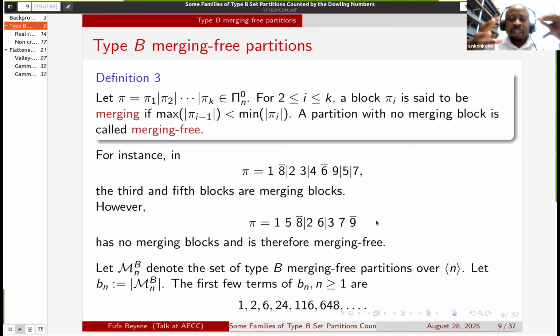So you partition the set into a certain number of blocks, and in each block you color the elements with 2 colors except one of the elements. Maybe you may have a nice closed form for these type B merging free partitions in terms of the Stirling numbers of the second kind, because they are set partitions in a way.